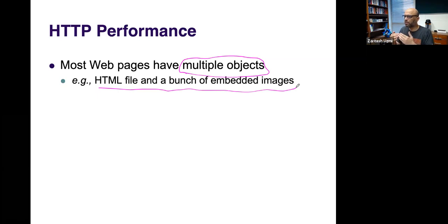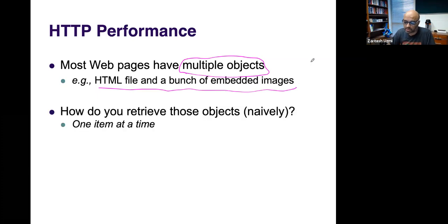Once you get it, your browser will parse through it. While parsing, it will encounter links to these embedded images, and then it will need to send a request for each of these images.